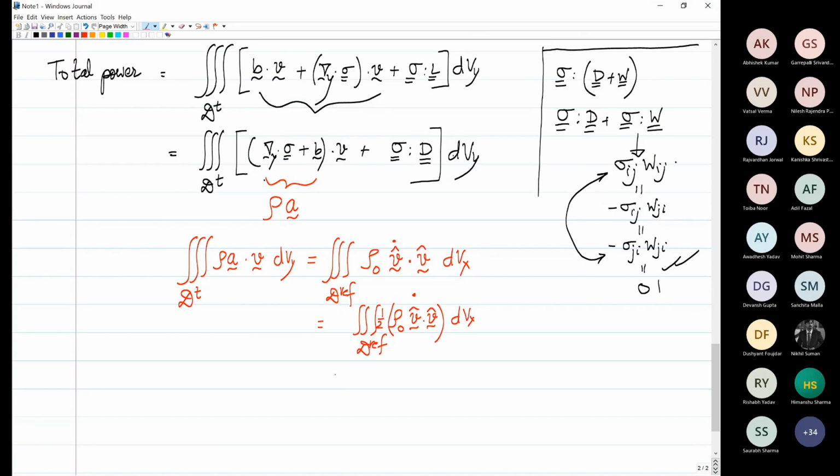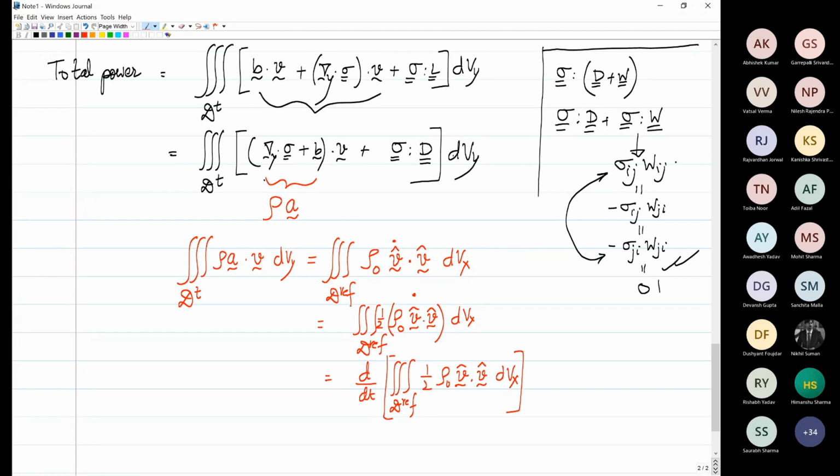So this also, then you can bring the time derivative outside also. So this is then d by dt integral over d ref half rho naught v hat dot with v hat dvx. And what is this thing inside the bracket?